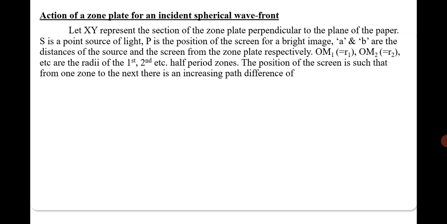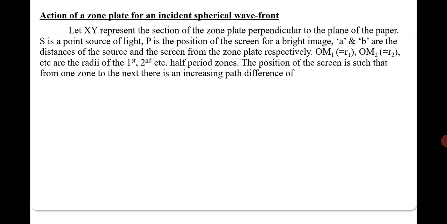S is a point source of light. P is the position of the screen for a bright image. Small a and small b are the distances of the source and the screen from the zone plate respectively. OM1 is equal to R1, OM2 is equal to R2, etc. are radii of first, second, etc.